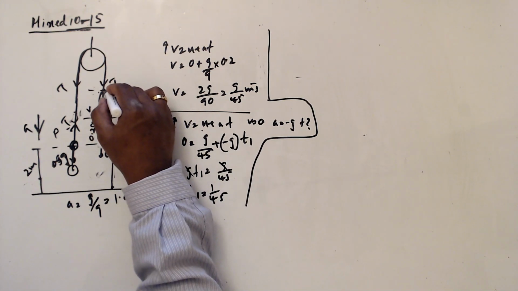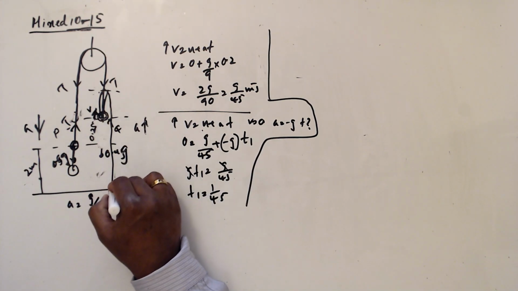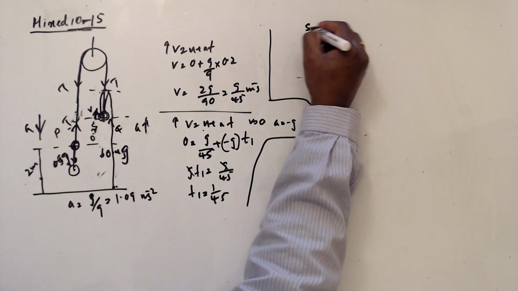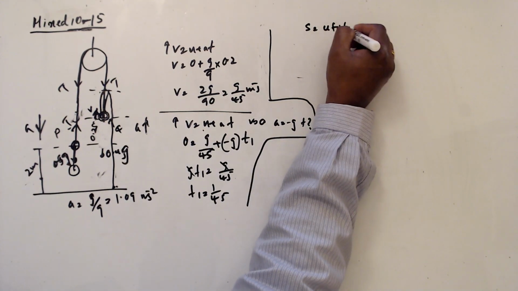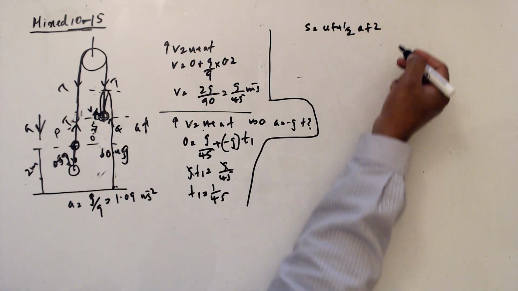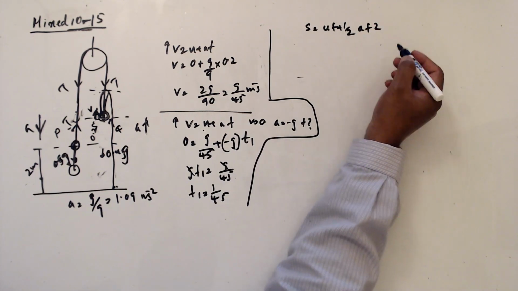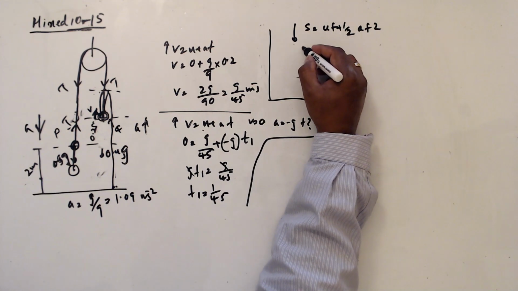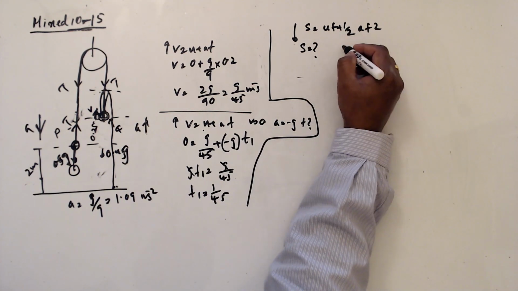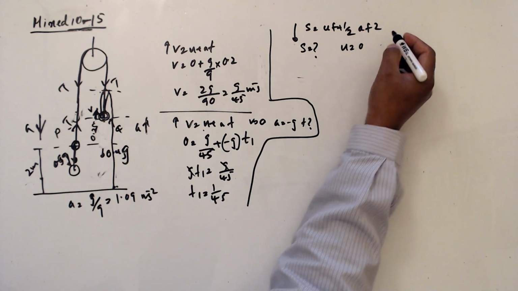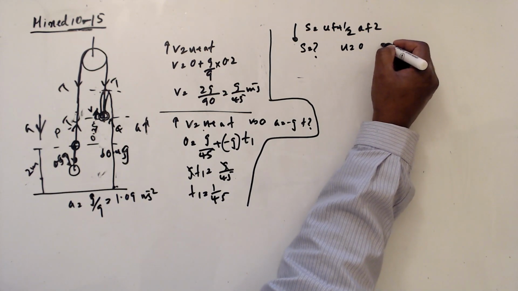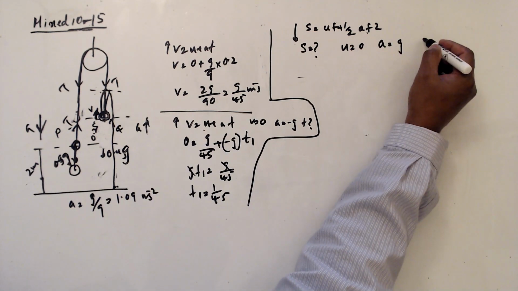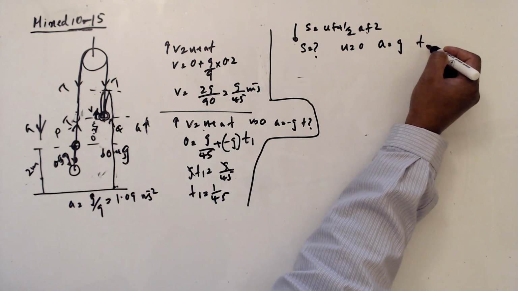Now we need to find the journey time from here to here. So we have to use s equals ut plus half at squared. For this we need to find s, and u is starting at 0, and a is gravitational acceleration g, and t we need to find.